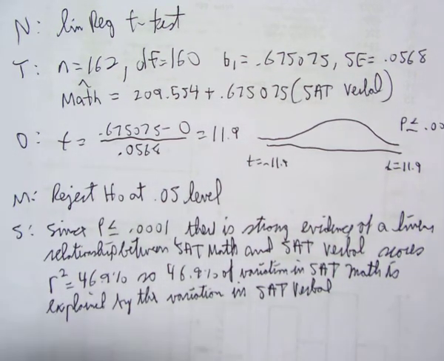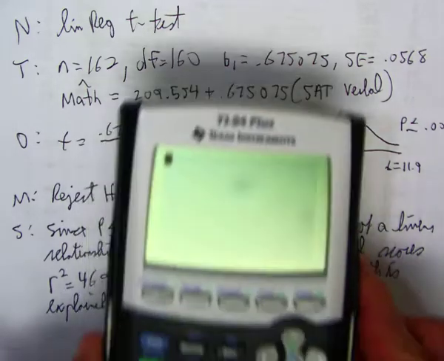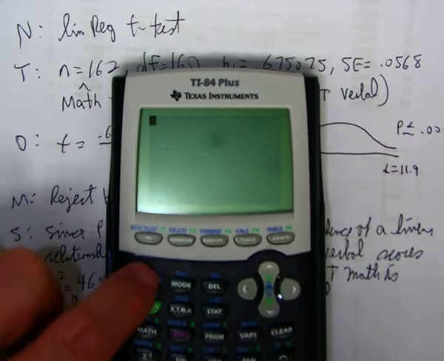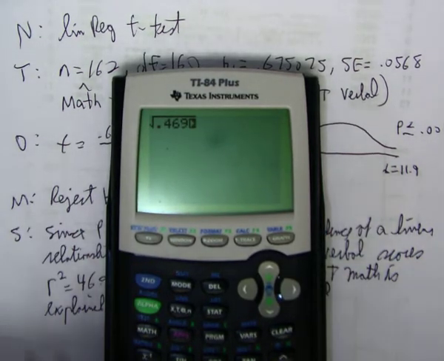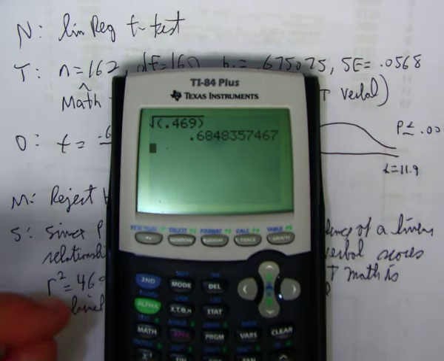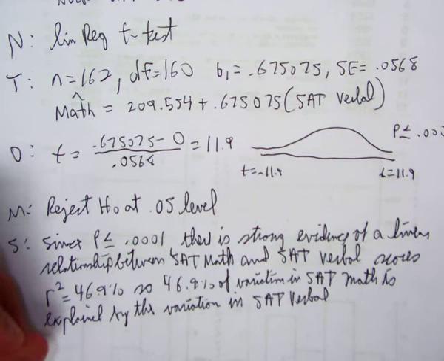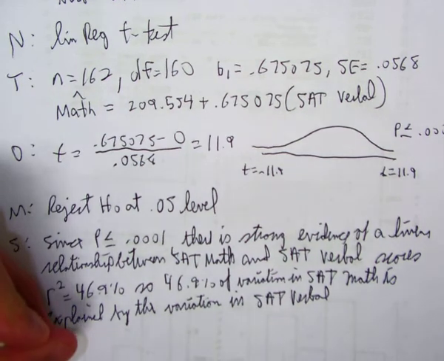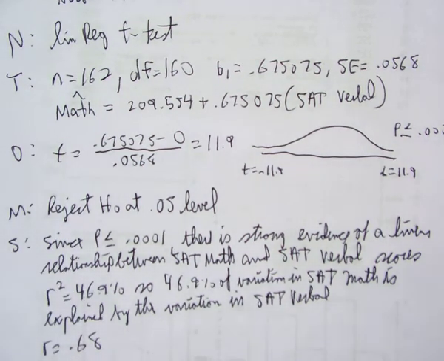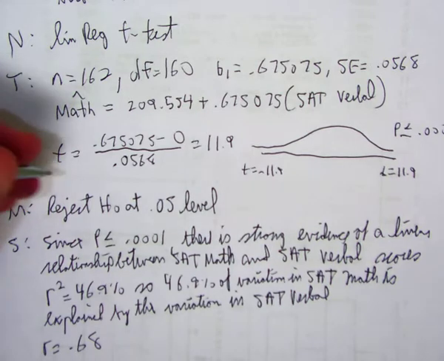And then I'm going to get my correlation. So we're going to do the square root of 0.469, and that's 0.68, right? So R is positive 0.68, because if you look at the scatter plot, as verbal scores increase, math scores increase.